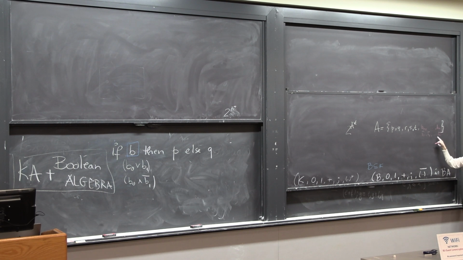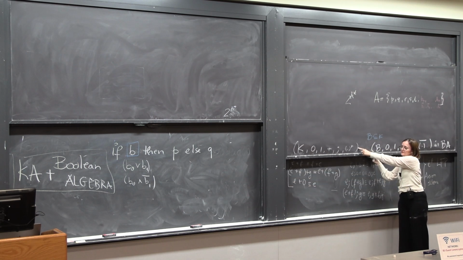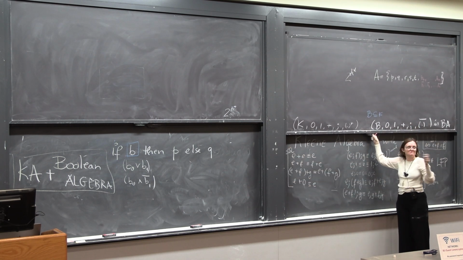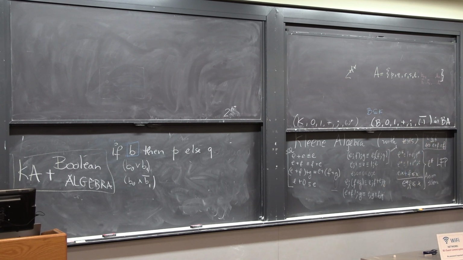Now, this red part of my alphabet, I'm going to use to talk about tests. And the yellow part, I'm going to use to talk about program actions. But as I look at generating K, I can use all the letters. The red letters are a bit like assert.